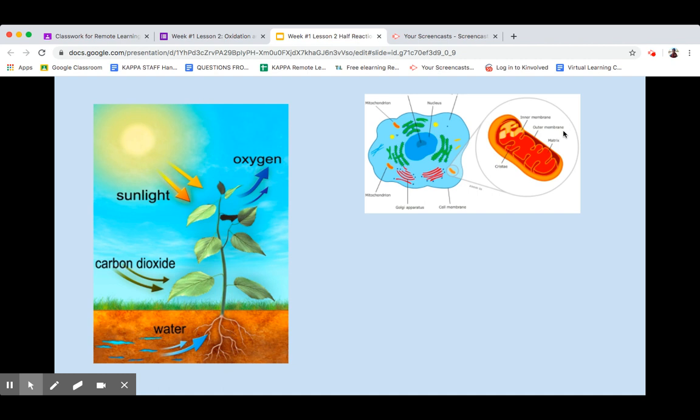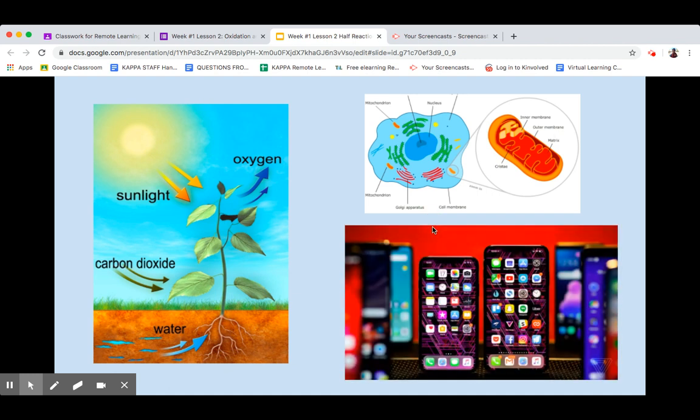And one that you guys are super familiar with, ever present in our daily lives, our phones and our digital devices. The batteries inside of these devices are run by redox reactions. So you can actually thank chemistry for your phone and all the stuff that you do on your phone, and also life, because without cellular respiration, we would not survive.